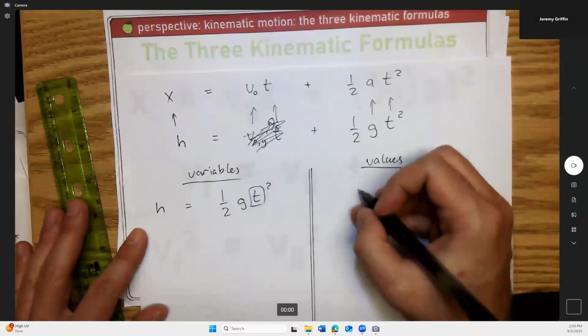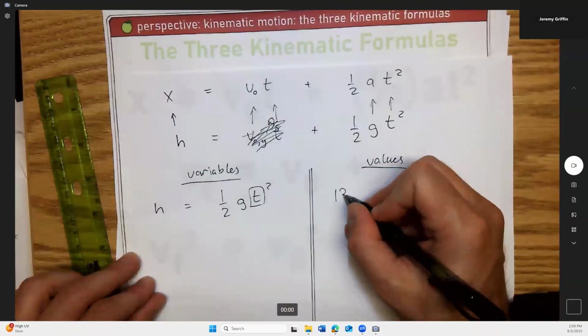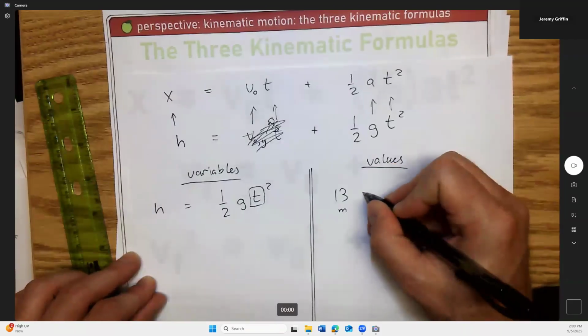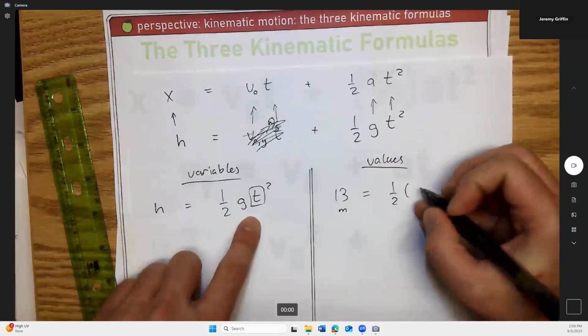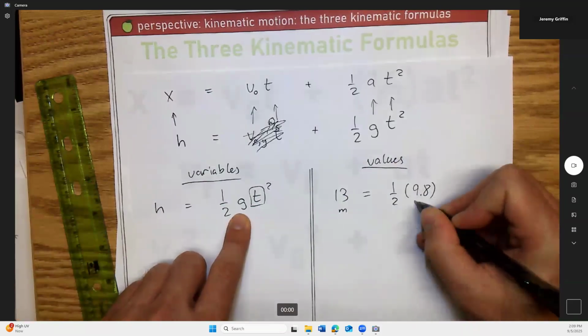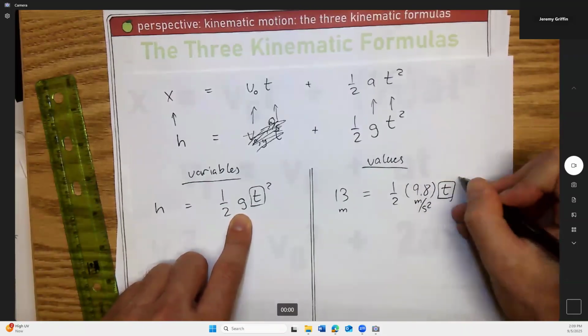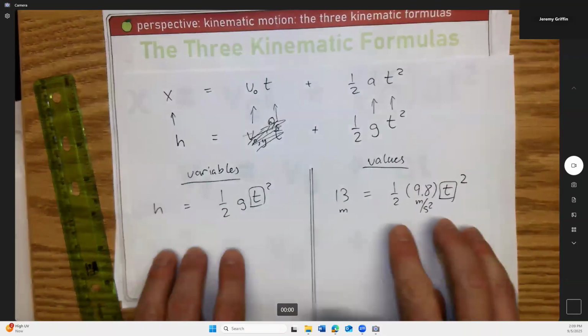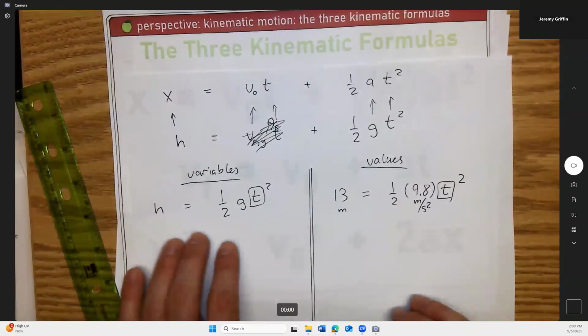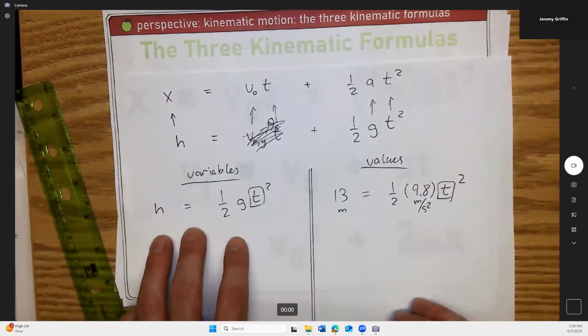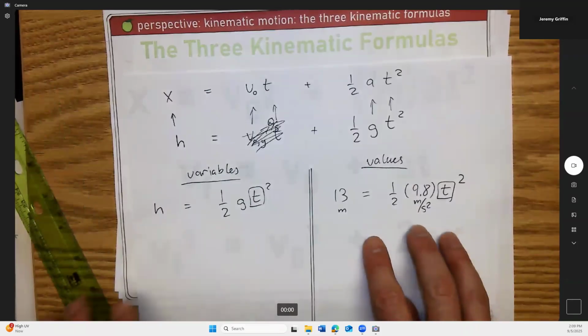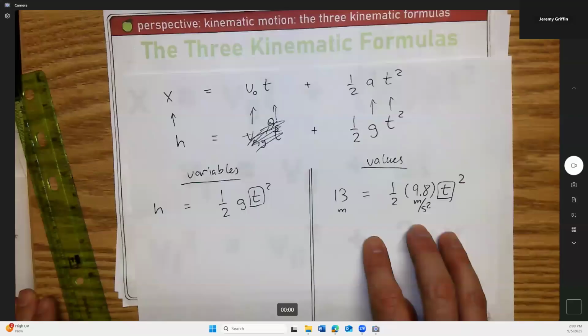Or if I plug the numbers in, I have a height of 13 meters equals 1/2. And then in place of g, I'll put 9.8 meters per second squared, and then solve for t, which is squared. You guys see, that's really the same thing though, right? In terms of variables on the left, that could solve all y'all's papers, and the one on the right, I want to solve mine.